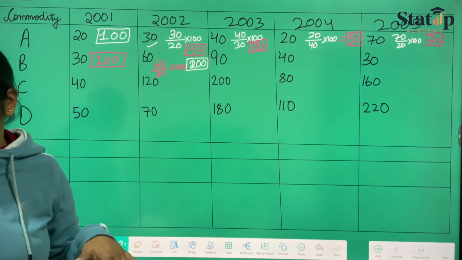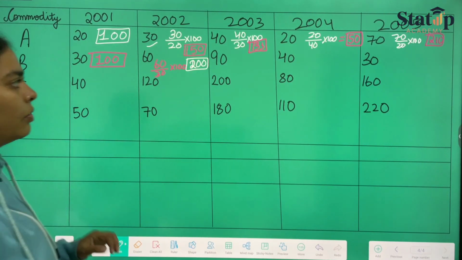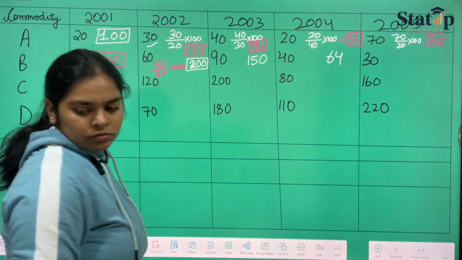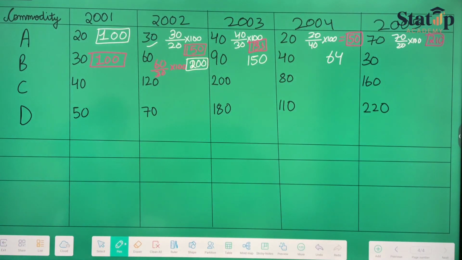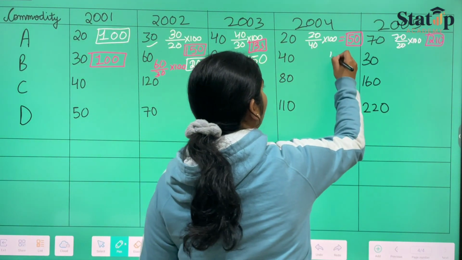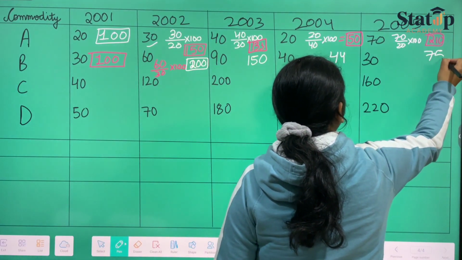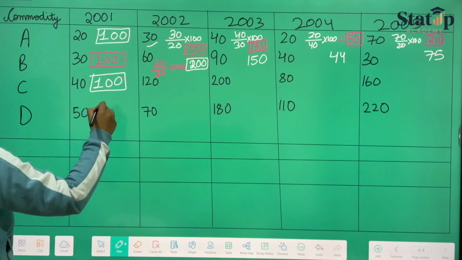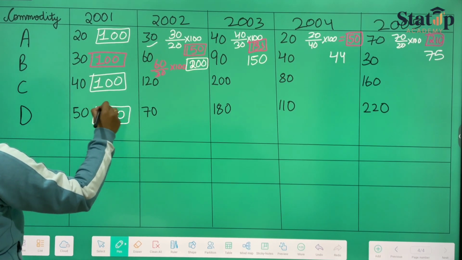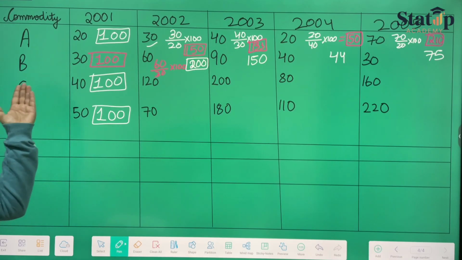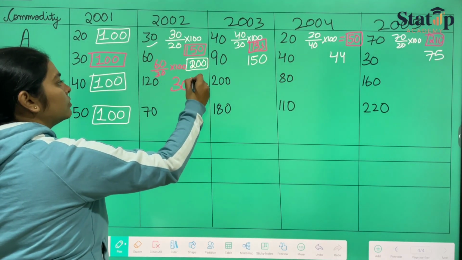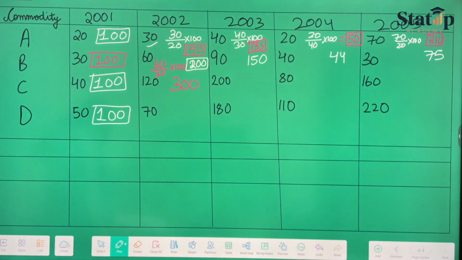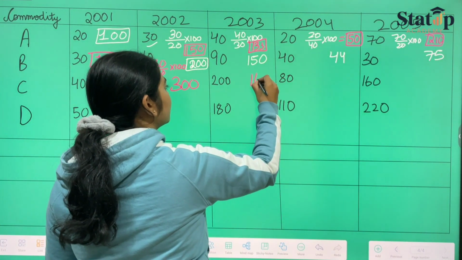And 90 upon 60 gives 150, then 64, 75, and it will again be 100, and this also will be 100. 120 upon 40 into 100 would be 300. 200 upon 120 into 100 will be 167.